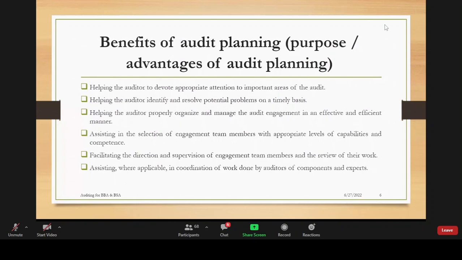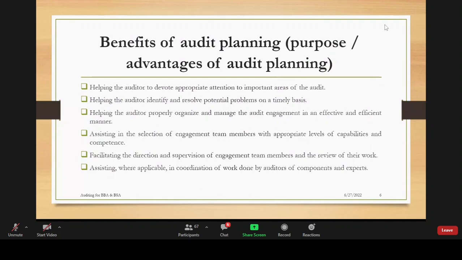Are we together? So it helps you know who is going to do what. You won't carry all your audit team. For example, an audit team may be made up of 7 people, but not all those 7 will go to the field at the same time. So it helps you know how the work is going to be done.